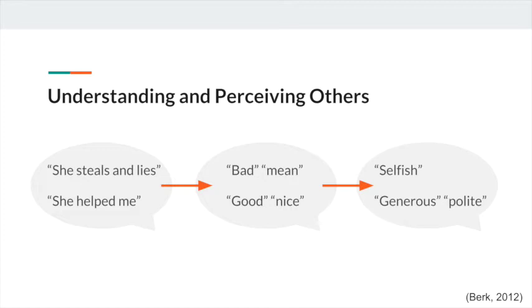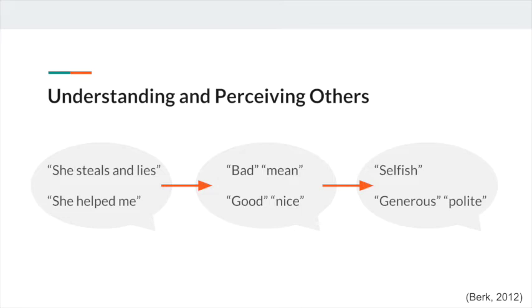For example, 8-year-old Alex may notice that his friend Jenna repeatedly steals and lies at school. He may say she steals and lies, but then begin to use more vague stereotyped language such as mean, and other more positive words, good, nice, smart, to describe other, friendlier playmates. Gradually, Alex utilizes sharper trait descriptions such as honest, polite, generous, selfish.